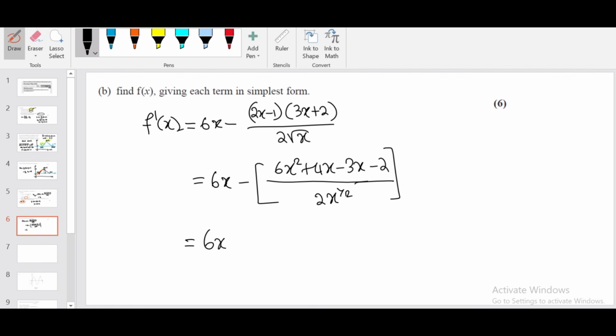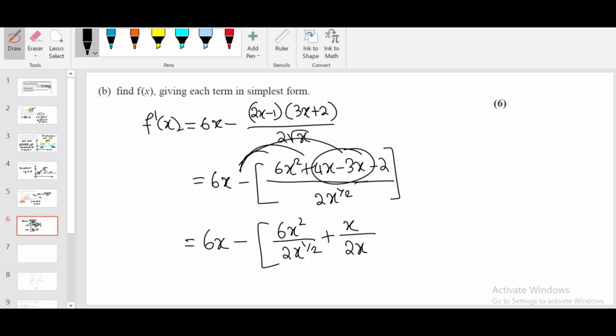Divide each term by 2x power half and multiply by this negative sign. So we'll get minus 6x square divided by 2x power half, 4 minus 3 is just x divided by 2x power half, minus 2 divided by 2x power half.